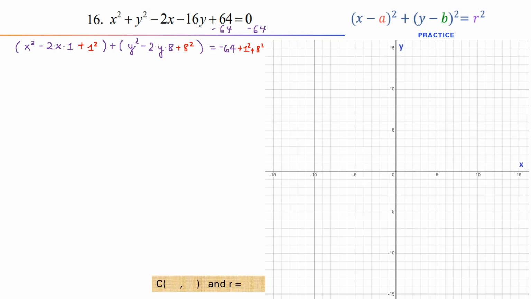So now we can rewrite it. (x minus 1) squared plus (y minus 8) squared equals 8 squared is 64, subtract 64 is 0. Now we're left with 1 squared.